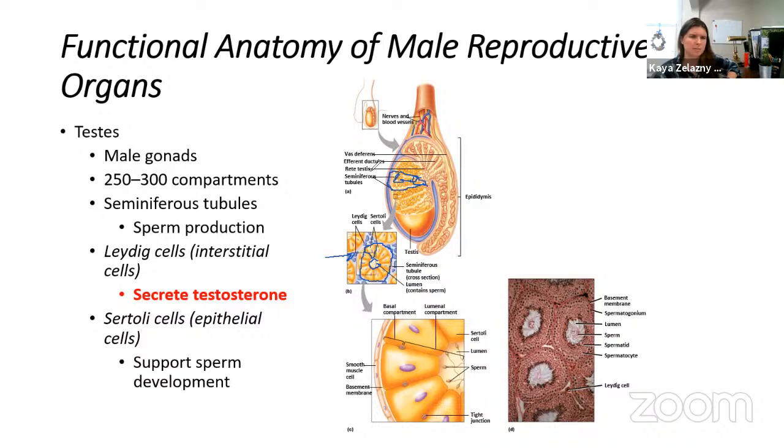So between the seminiferous tubules, we're producing testosterone, this hormone. In the tubules is where we're going to be developing sperm. So the Sertoli cells, these cells that line our tubules, are going to be important for sperm development. So we're going to look at them more carefully as we move through the rest of today.